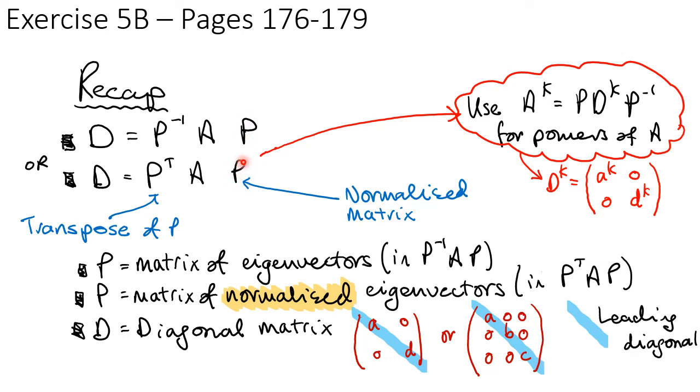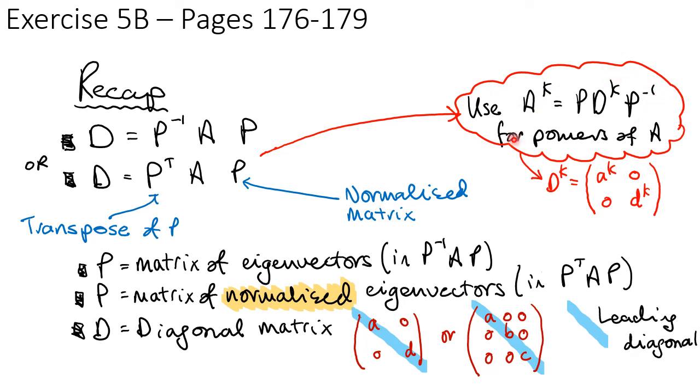Here it's the normalized eigenvector matrix, and you find normalized eigenvectors by dividing an eigenvector, or the elements in the eigenvector, by the length or modulus of the eigenvector. We would use this here. We did it in the last example where we need to work out a matrix to a power.